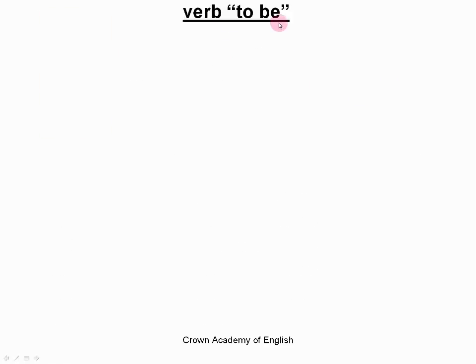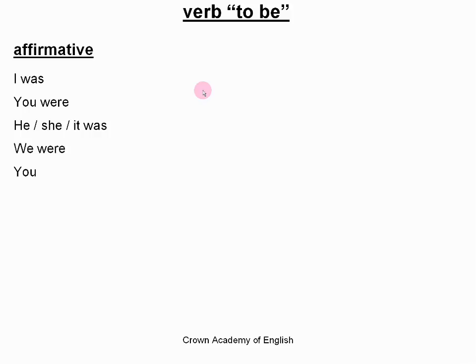The verb to be. This is an exception. This is very, very important because we use this in lots of other verbs. So the affirmative: I was, you were, he, she, it was, we were, you were, and they were.